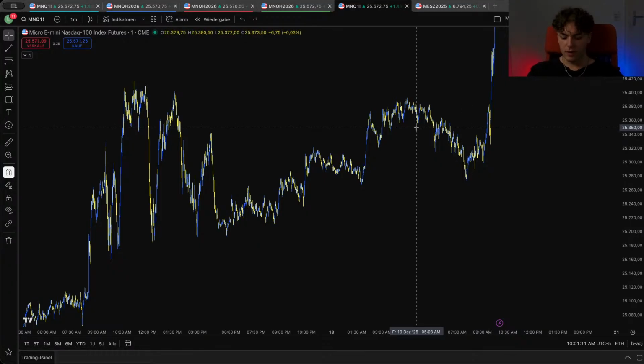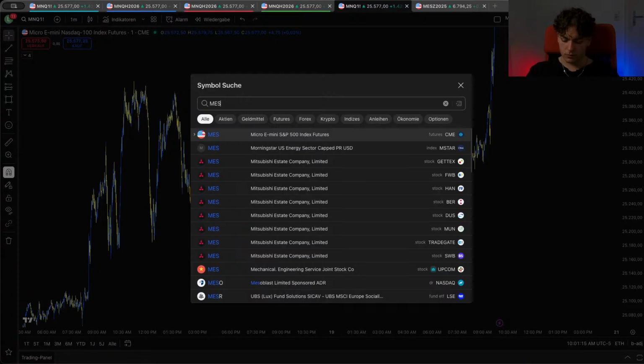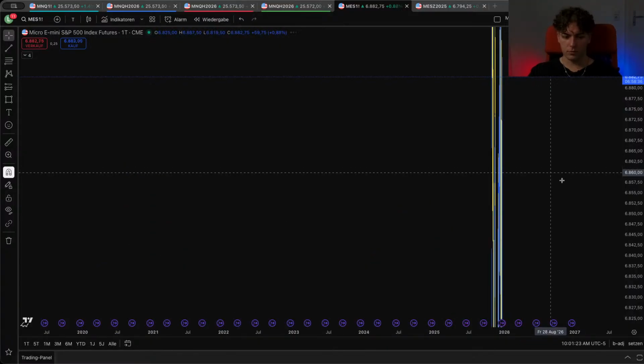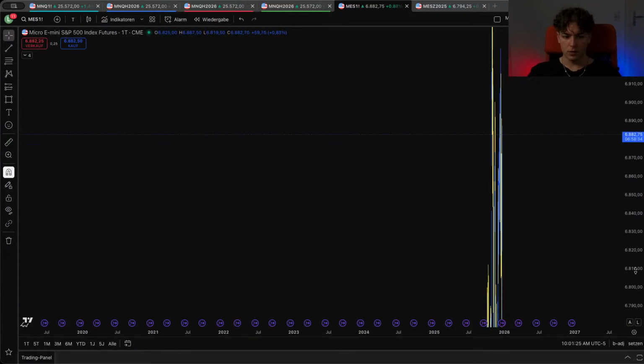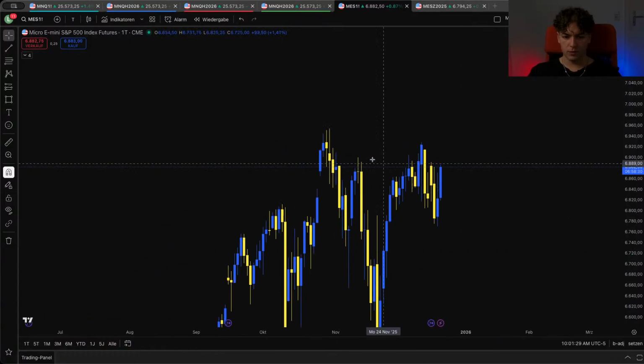S&P also looks rather bullish on the daily time frame. When you look at S&P 500 on the daily chart, we have these relatively equal highs right here.